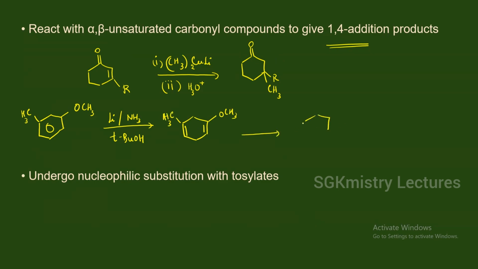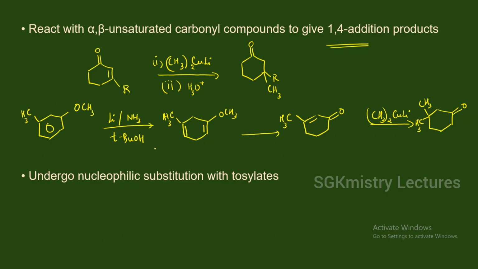So this can be converted to, here this becomes a double bond. This becomes CH3, this is CH3 as such. And here there will be conjugation. On addition of (CH3)2CuLi, the CH3 group will be added. So here you can see there is a double bond which is in conjugation with the C=O. Already there is a CH3 group. One more CH3 group will be added to this particular carbon atom. So this is with respect to 1,4 addition.